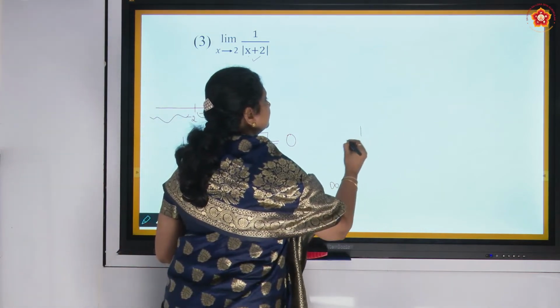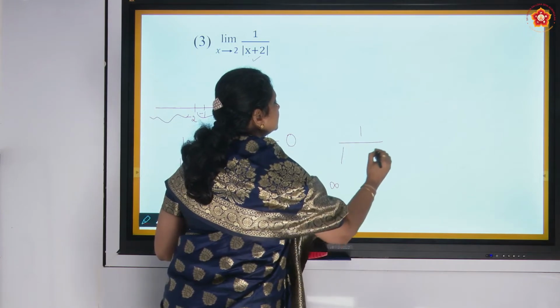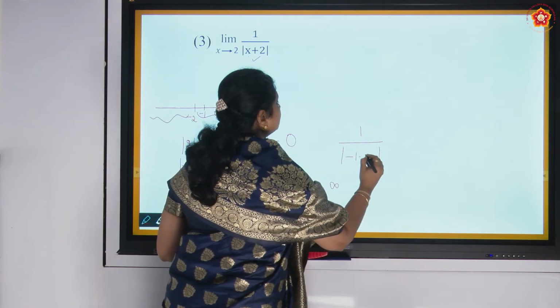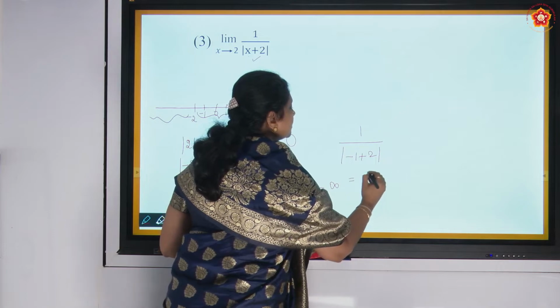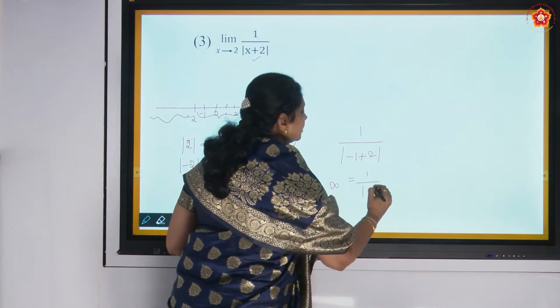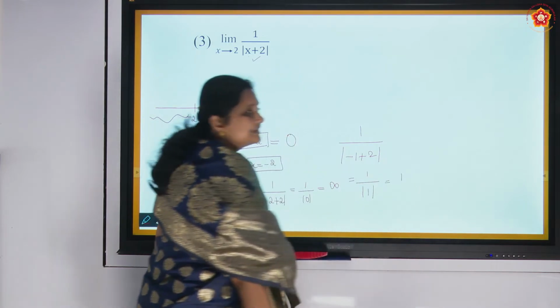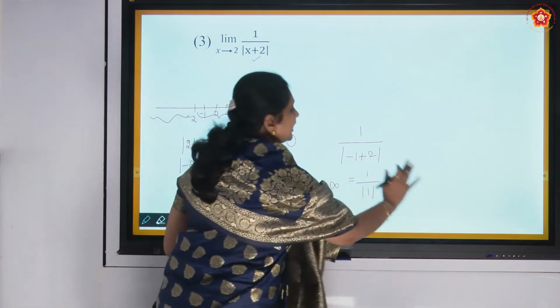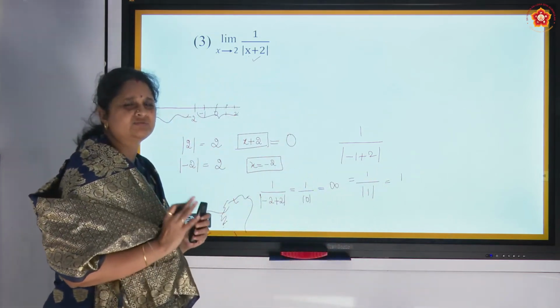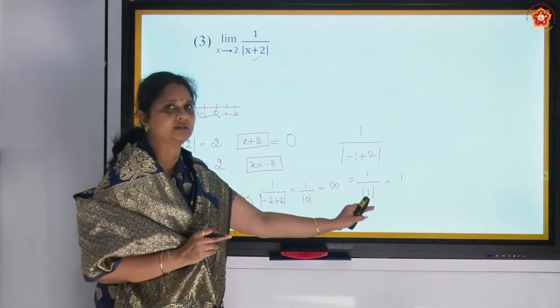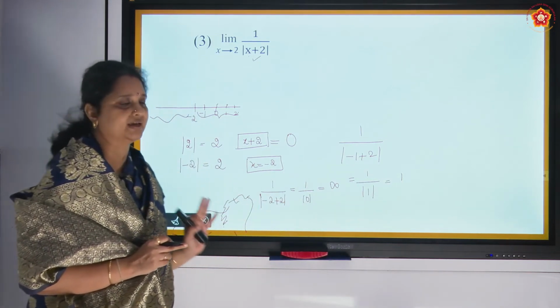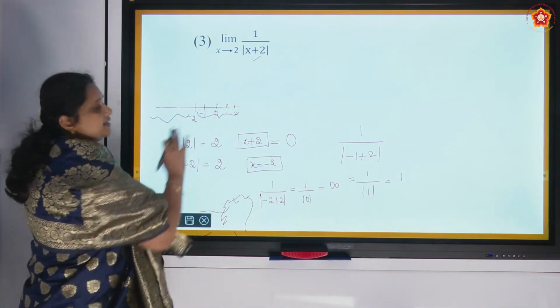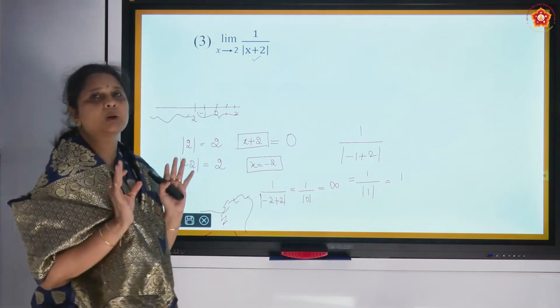So, it becomes 1 by absolute value of minus 1 plus 2. So, this is 1 by absolute value of 1, that is 1 itself. So, there is no change because absolute value of a positive number, I am not doing any change to it, I am just taking the number itself, right? So, on the right hand side, this function does not have a big change.